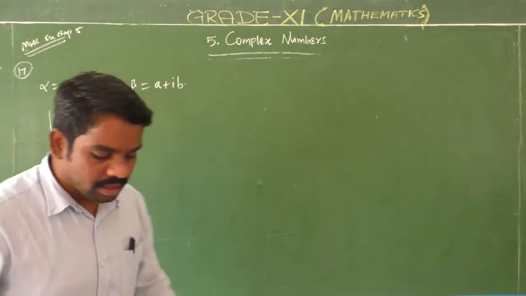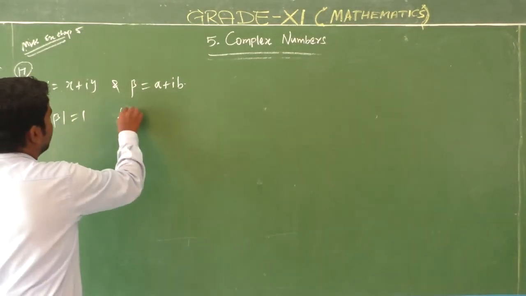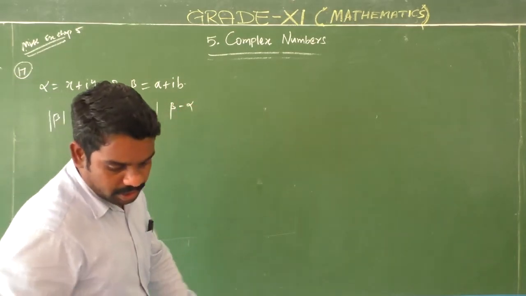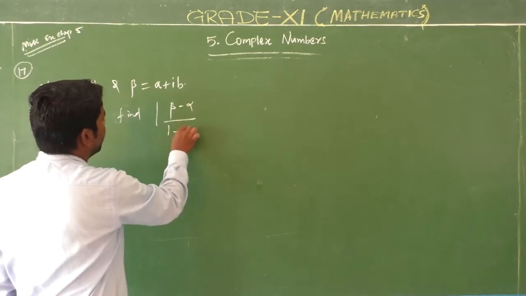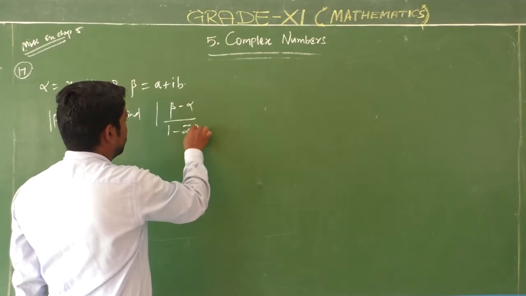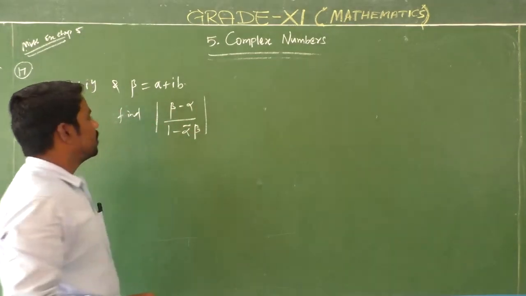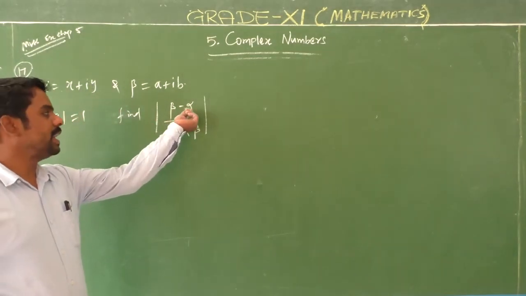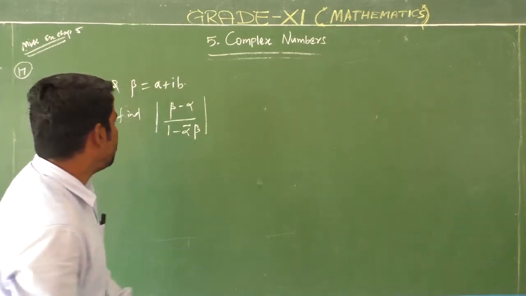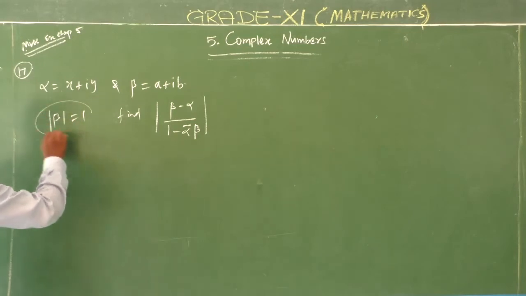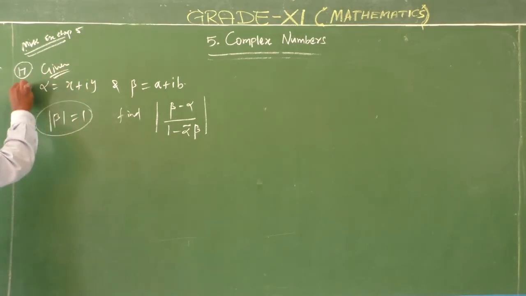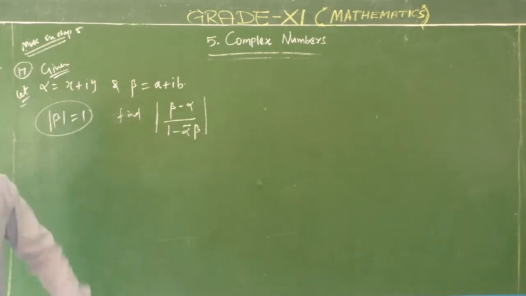Then find the modulus of beta minus alpha divided by 1 minus alpha bar beta. We need this value, and the given information is modulus beta is 1.